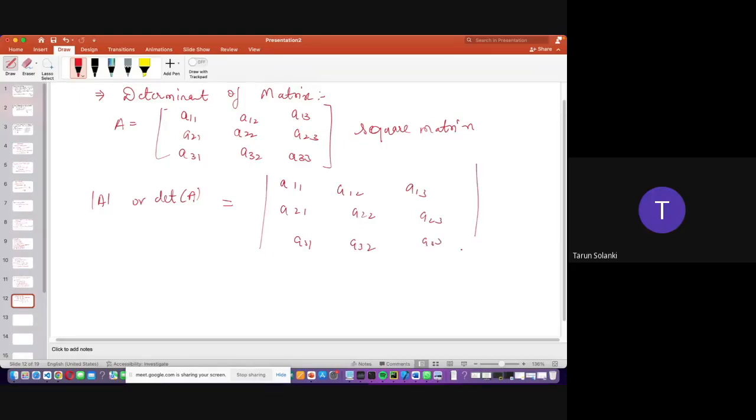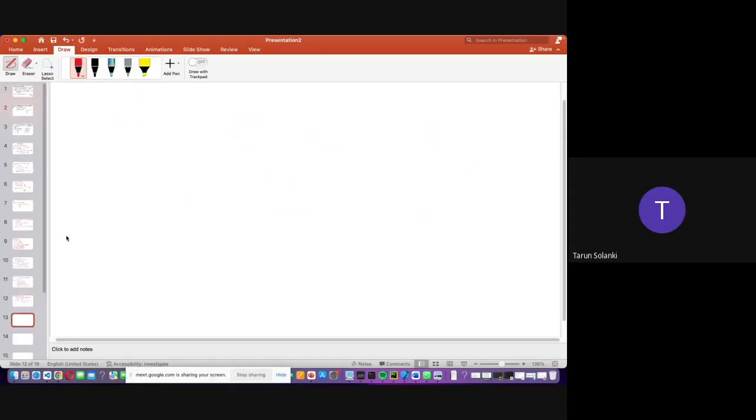Okay, same. So if you look at the properties for this: mod A exists when A is a square matrix.